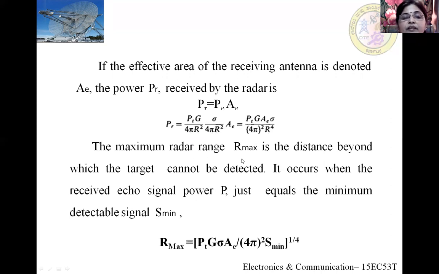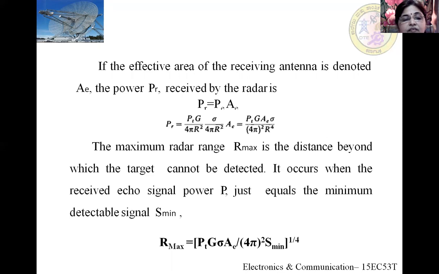So the maximum radar range R max is the distance beyond which the target cannot be detected. Here we are deriving the equation for R max, that is the maximum range at which the target can be detected, beyond which the target cannot be detected at all.